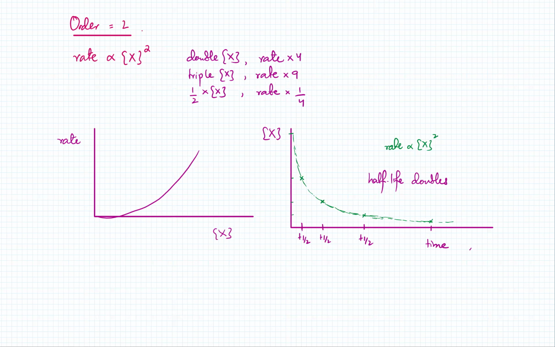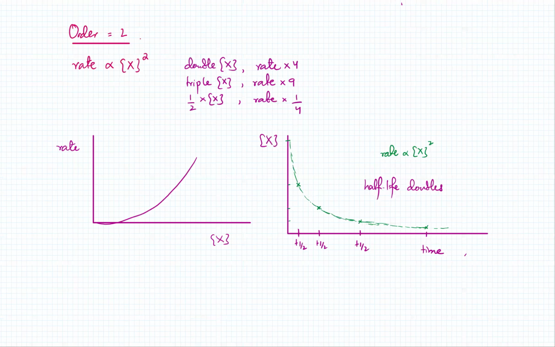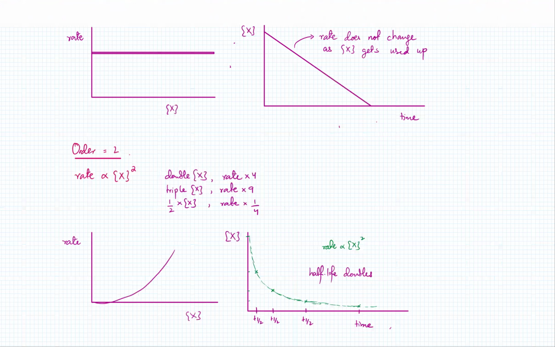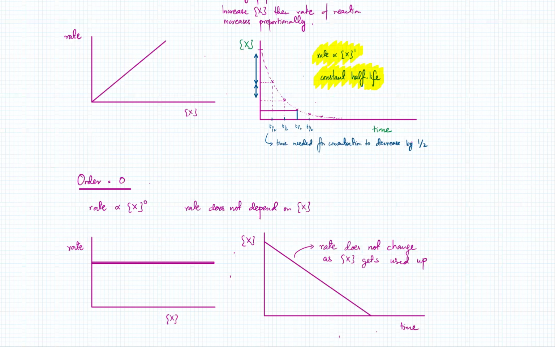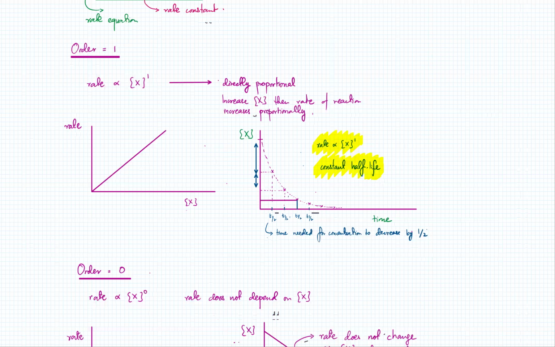So remember, you've got these three orders and you've got these three graphs. One way to figure out what the order is for a particular reactant, you can just look at how the concentration changes as it decreases, how the rate of reaction changes, and how the curve looks when the reactant gets used up. If it's constant half-life, that's order one.